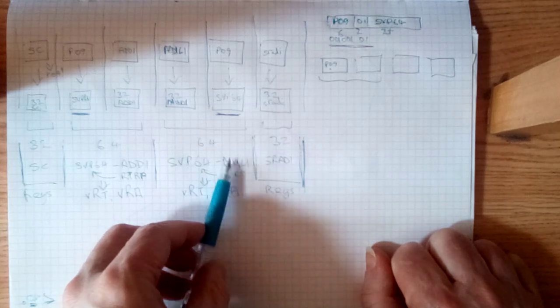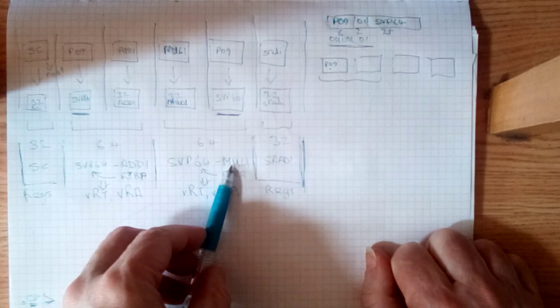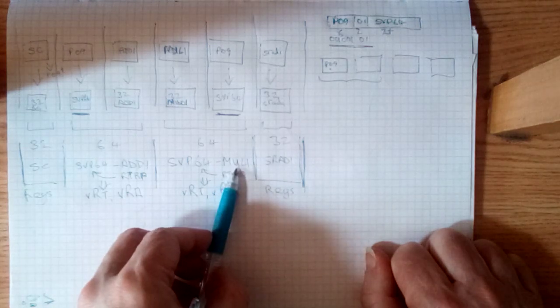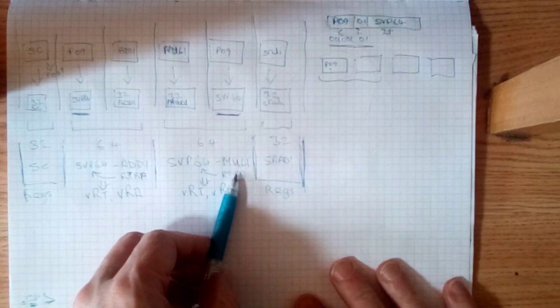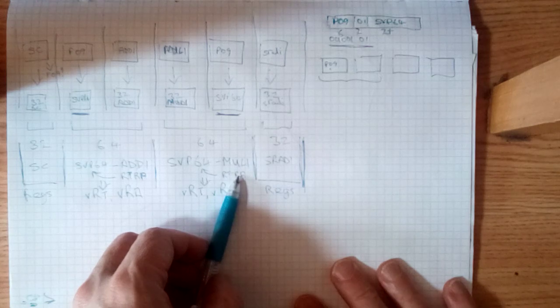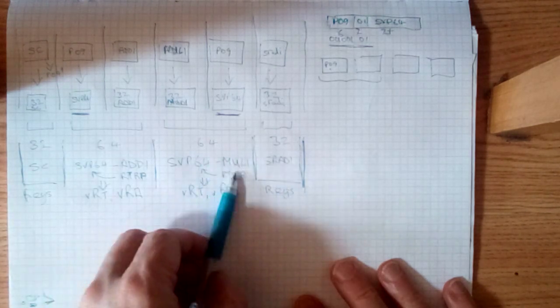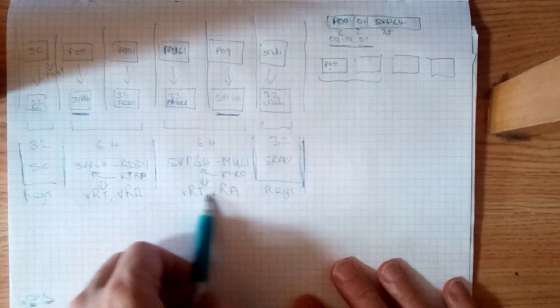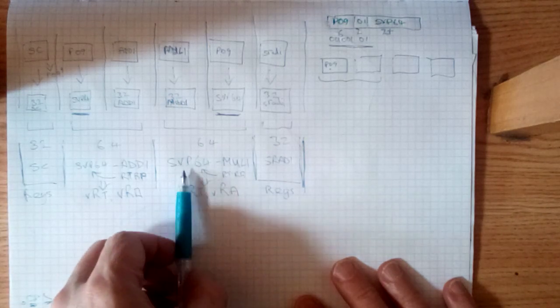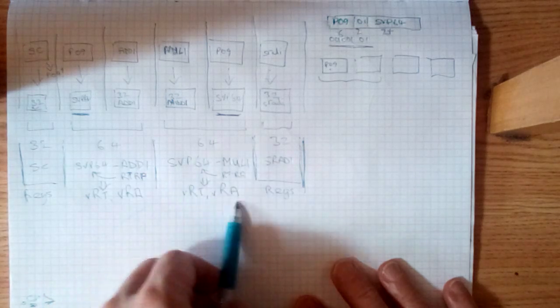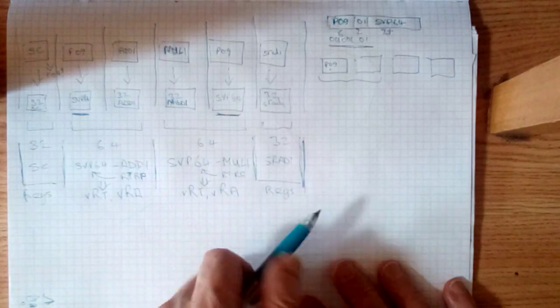So you do actually have to do a partial decode of the instruction. It doesn't have to be a full decode, but it does have to be enough to know where the extra bits are, as they're called, which extend the numbering of these and identify whether they're scalar or vector.